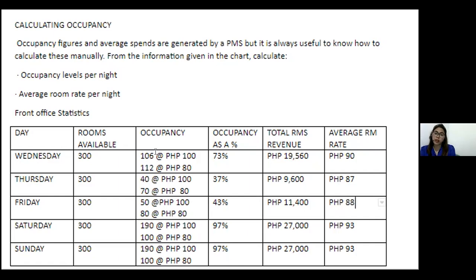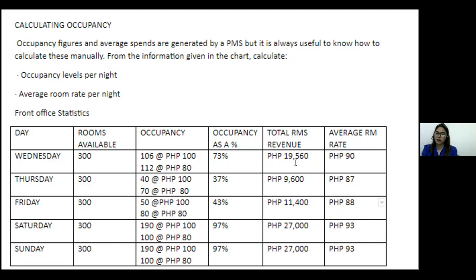So we will divide 19,560 by 218, since the occupied rooms is 218. You will get an answer of 89.72. We round it off, so we have an answer of 90. So for that day, the average room rate is 90 pesos.